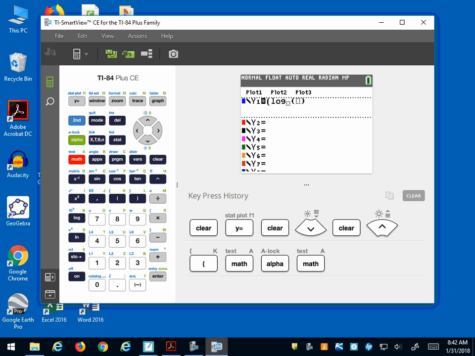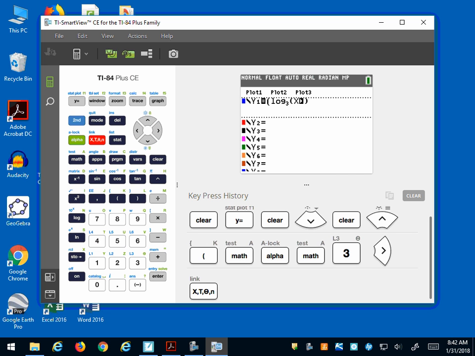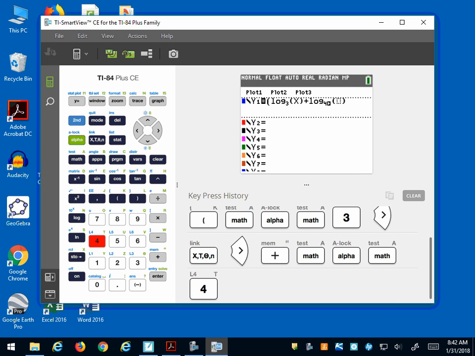Log base 3. You got to arrow over of x plus log base 4 of x, and that's my left side of the equation.